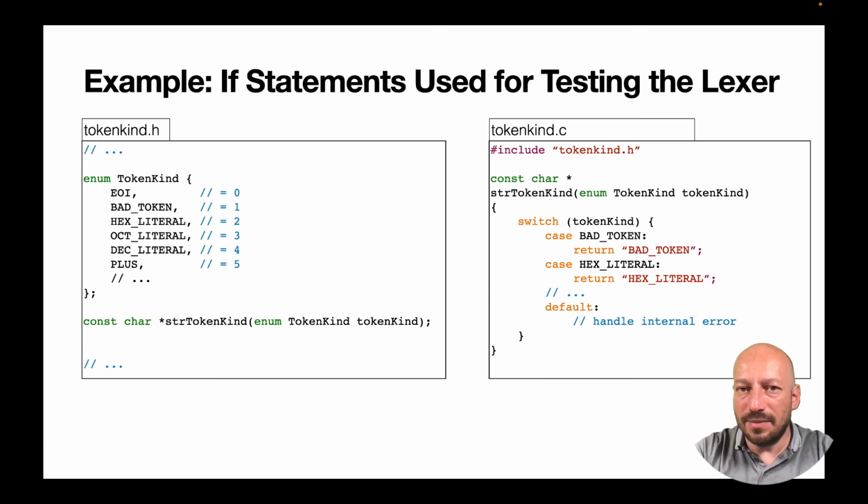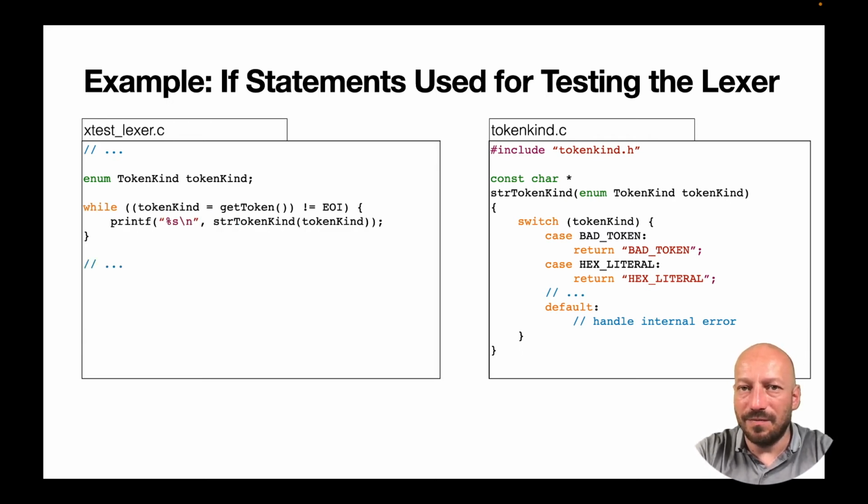Using a switch statement here is much more expressive compared to this if-else-if construct, and more expressive means less error prone, easier to maintain, simply better. And here we also can do this internal error handling. That means the test program simplifies so that we simply call this function before we do the printf.